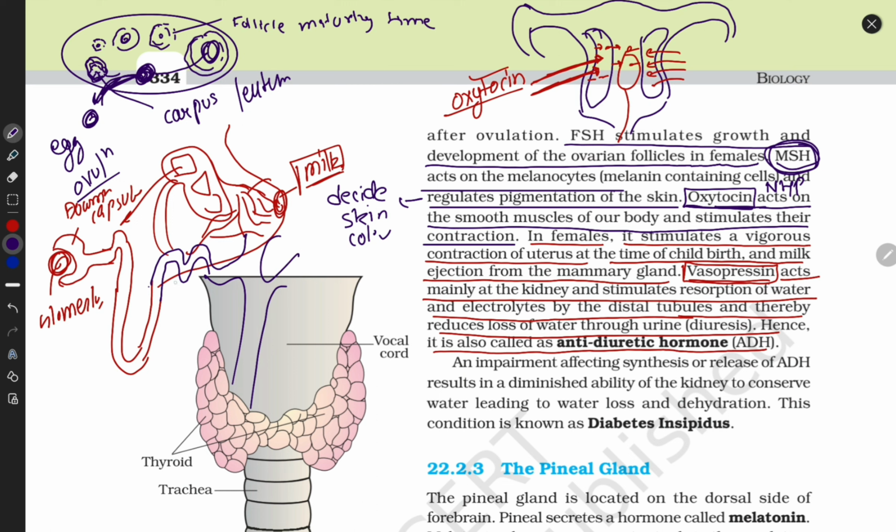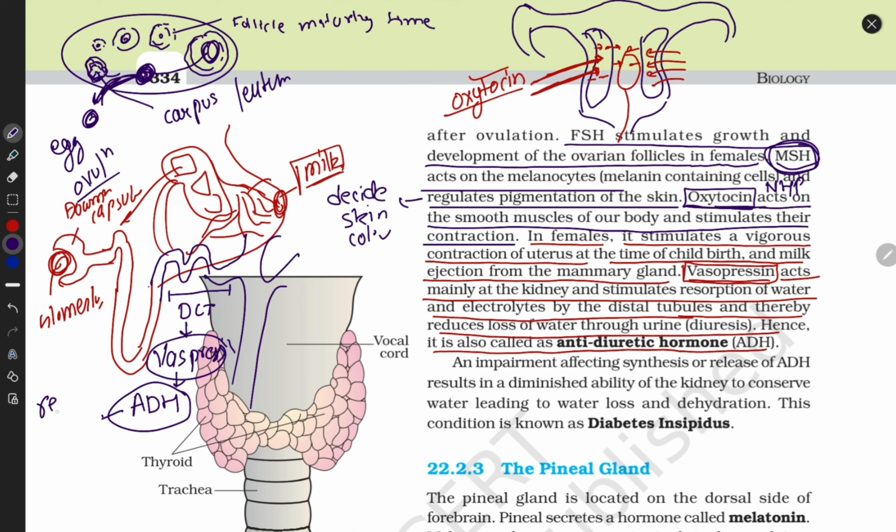Here in the distal convoluted tubule, they secrete one hormone. We call it vasopressin, and also ADH. What do they do?